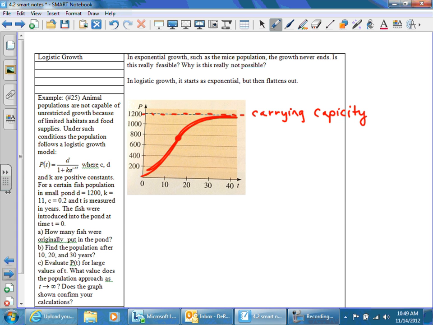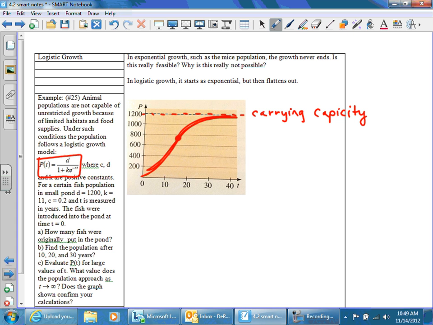All right, so let's see how that pertains to this example. Animal populations are not capable of unrestricted growth because of limited habitats and food supplies. Under such conditions, the population follows a logistic growth model. So here's our model. C, D, and K are positive constants.